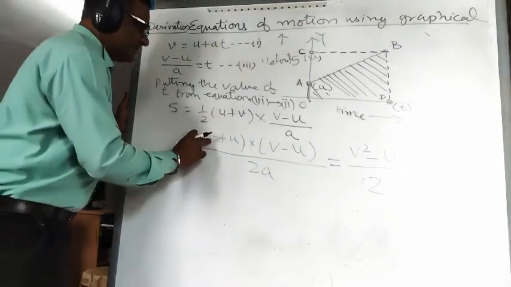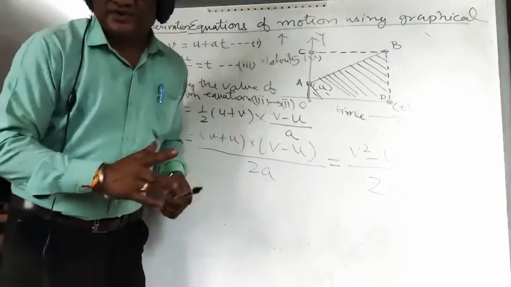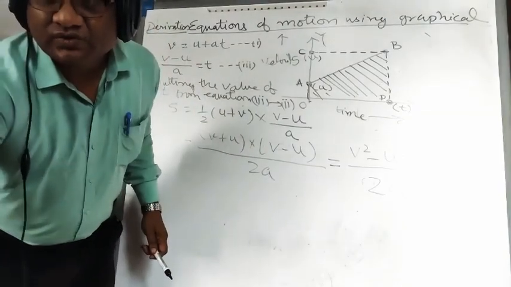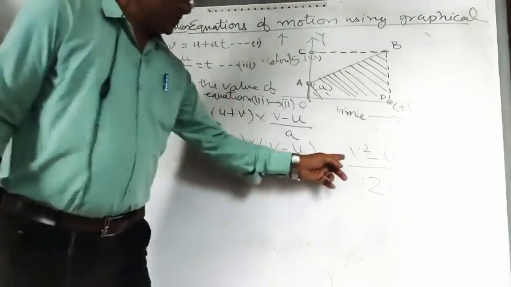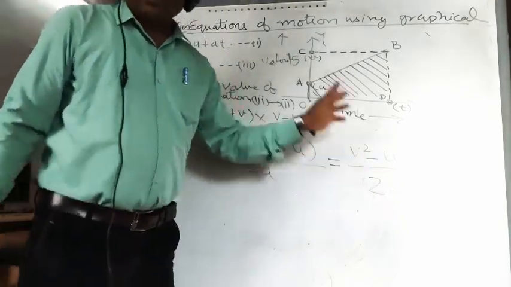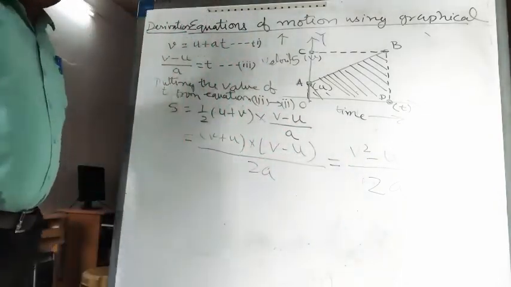Here v is equivalent to a, so v plus u into v minus u is equal to v square minus u square, divided by 2a.